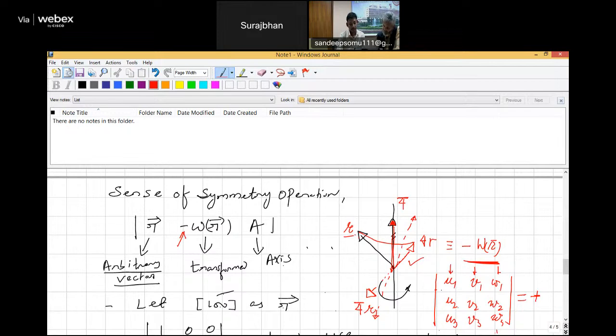A right-handed system means counterclockwise. They will form a right-handed system only if it's a counterclockwise rotation. So that is the system he is using.